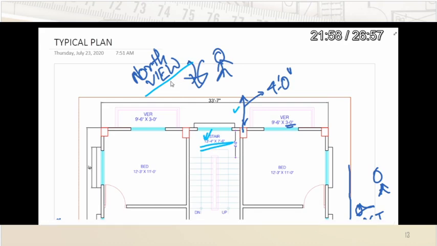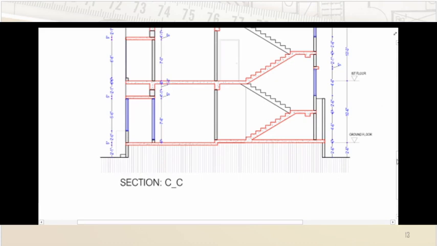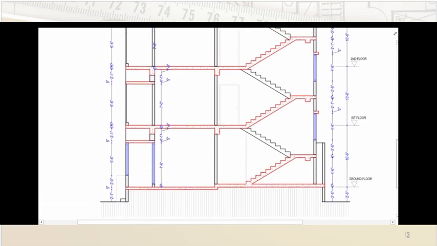This open stair, this opening is something elevated, but why not the same elevation as other openings? Let's try to find the answer from the section of the stair. We'll be discussing section in the next class.